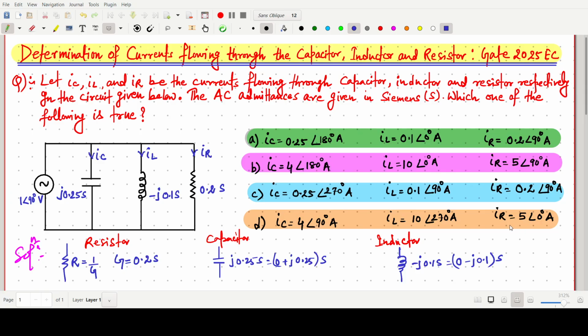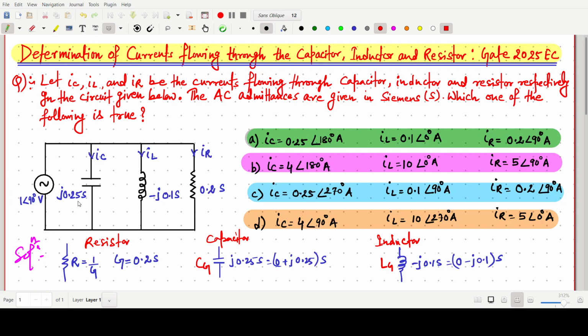One more thing that I want to write here: this one is a capacitor having conductance, so I am denoting it with Cg, and this one is Lg. In terms of conductance, the values are given.